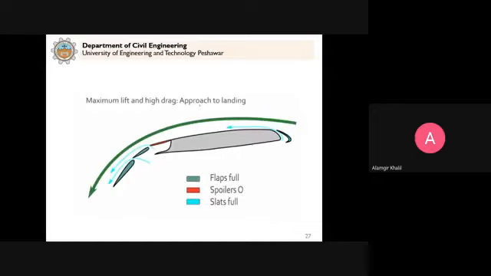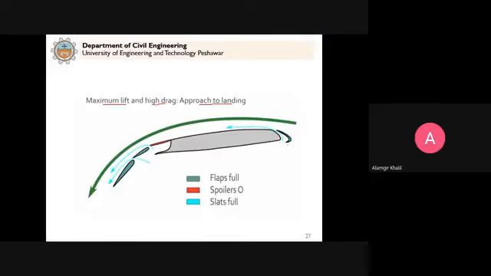Similarly, before we land, on approach to landing, the lift is still the same because the aeroplane needs to fly. But we now want to increase the drag so that we move down, the speed is reduced, and the aeroplane is getting ready for landing.